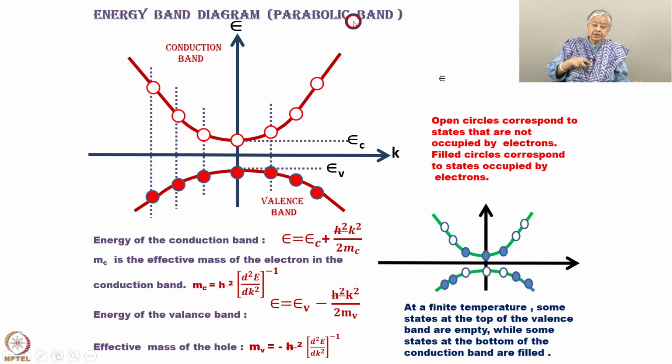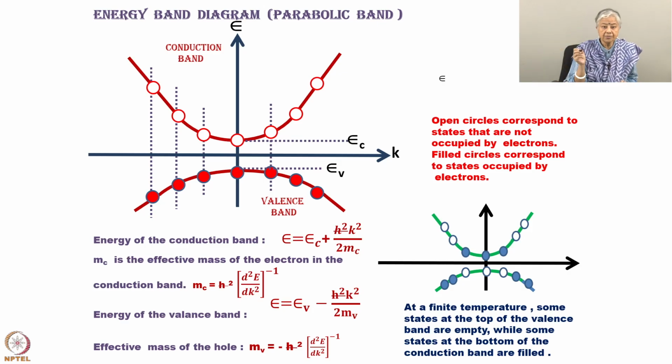If it gets steeper, then your effective mass is becoming lower and lower. And if it is becoming lower and lower, that means the electron is able to move further under the influence of, say, an external electric field.